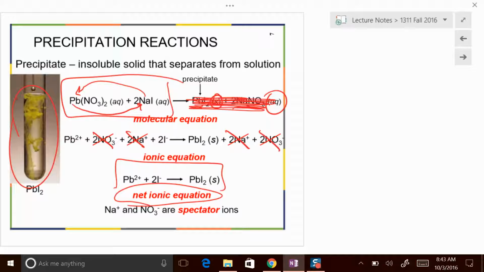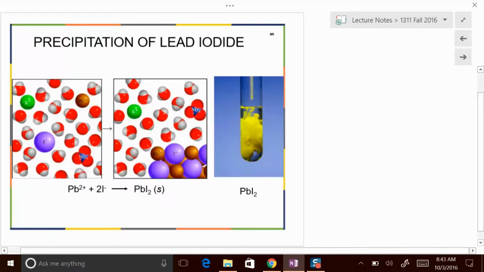That's a solid coming out of solution. And if you let it sit there, it will rain down and collect at the bottom of the tube eventually, because it's more dense as a solid than the water. So it will come down and settle at the bottom. Whenever it gets cloudy, that's because a precipitate is forming. Sometimes it's colorful, sometimes it's just white. So you have to be able to recognize that.